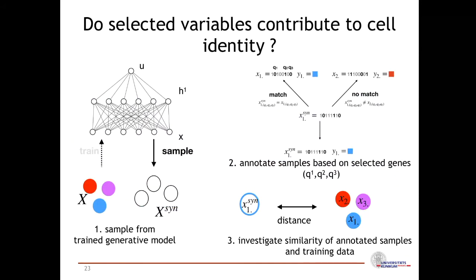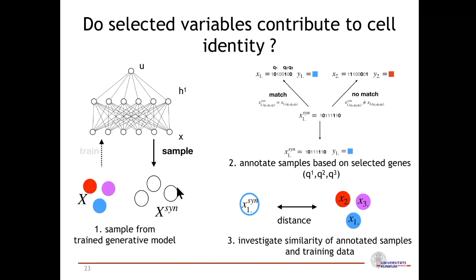For evaluating this, we take the following approach. We have trained the Boltzmann machine on the data. Then we draw a sample from the network, and this sample is annotated using the training data based on the pattern. In this example we have 3 selected variables, but in the real example we have 8. What we do is simple pattern matching.